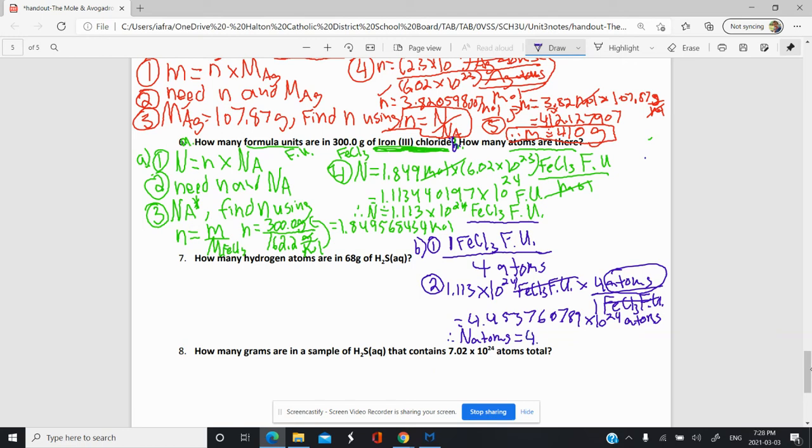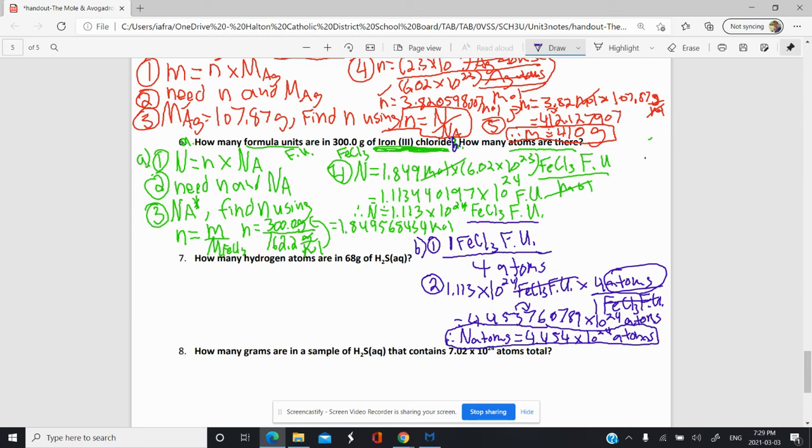So 4.454, because 3 rounds up to 4 there, times 10 to the power of 24 atoms. And that is my final answer for that particular question.